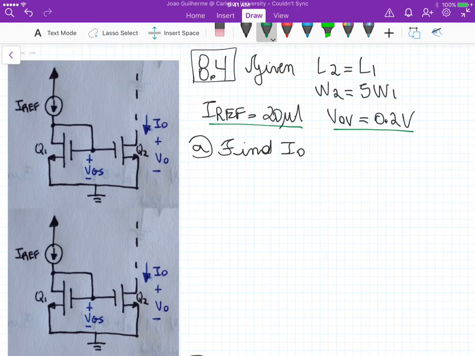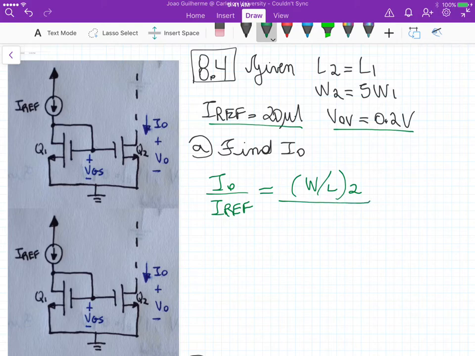The equation is I naught over I reference, the reference current, and that's the ratio between the aspect ratios, where subscript 2 means the second transistor, and here it means the aspect ratio of the first transistor.